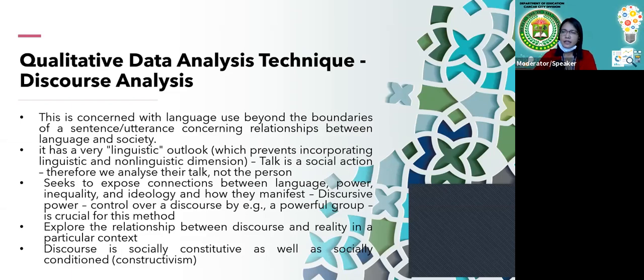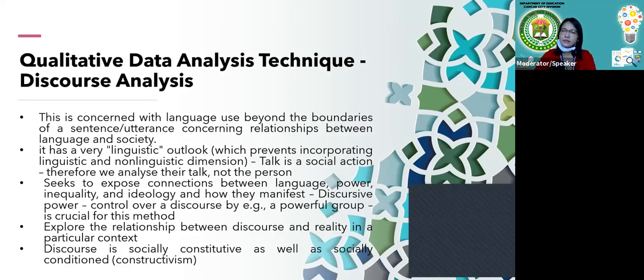So it has a very linguistic outlook, which incorporates linguistic and non-linguistic dimensions. Talk is a social action, therefore we analyze their talk, but not the person. So if you're going to do discourse analysis, make sure you would be able to separate the person from their talk itself, because it is their talk that you will be analyzing and not the person.